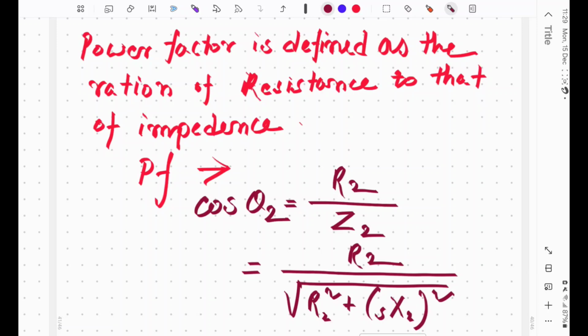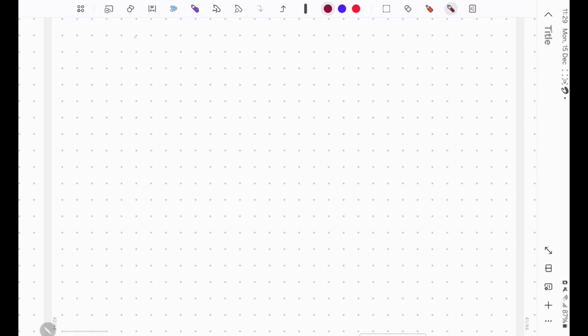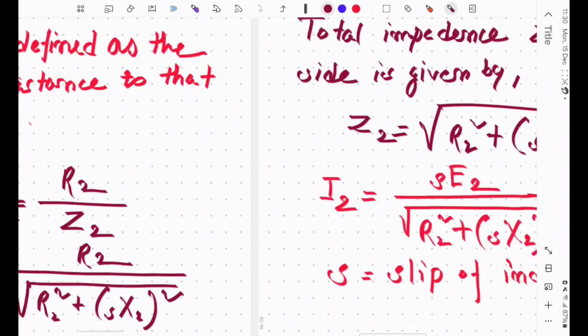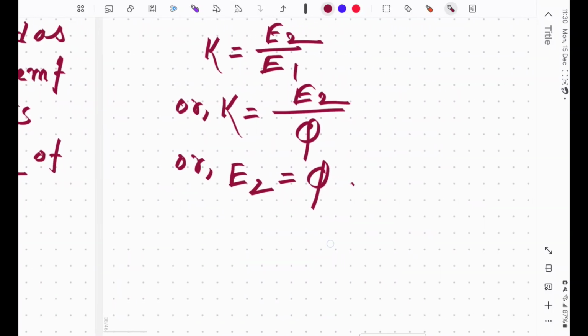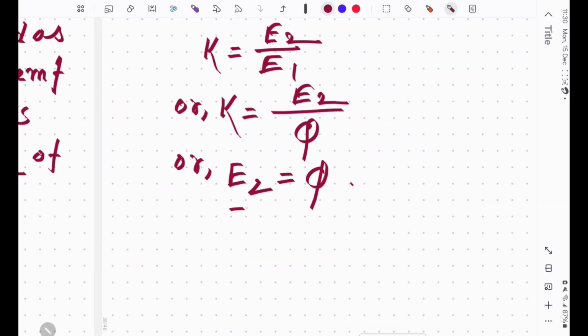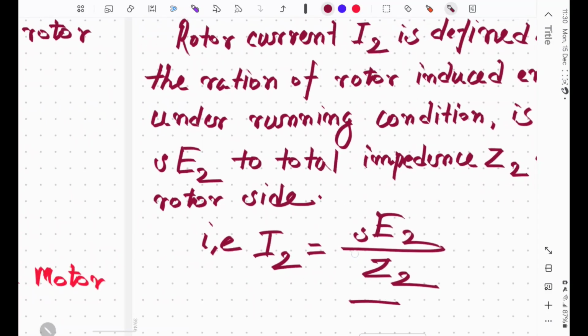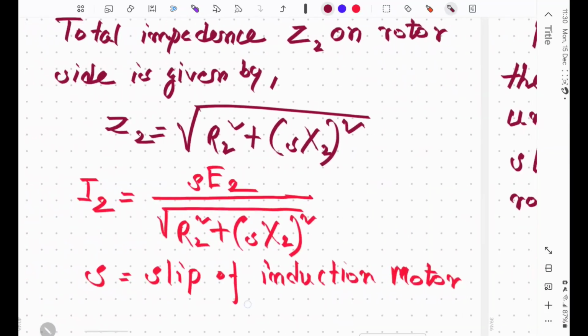So till now we have found the rotor current I2, the power factor cos theta 2, and the flux. Now we put these three values in the torque equation. Let's recall: phi is proportional to E2.